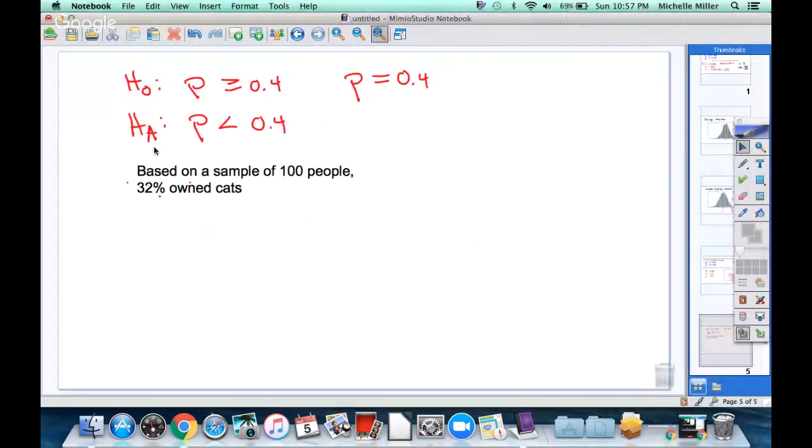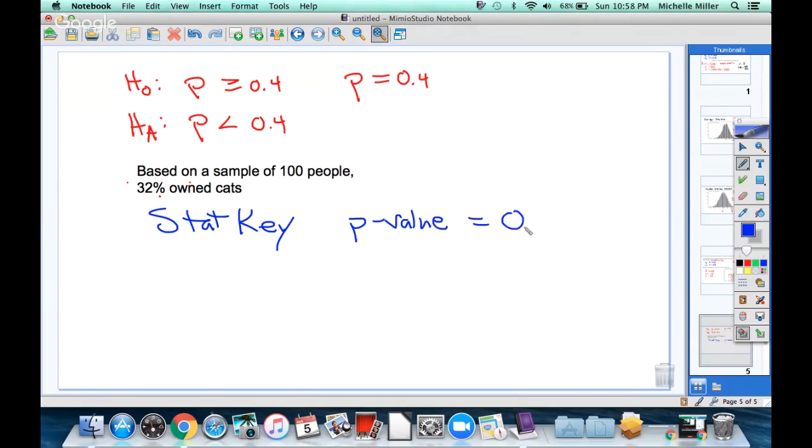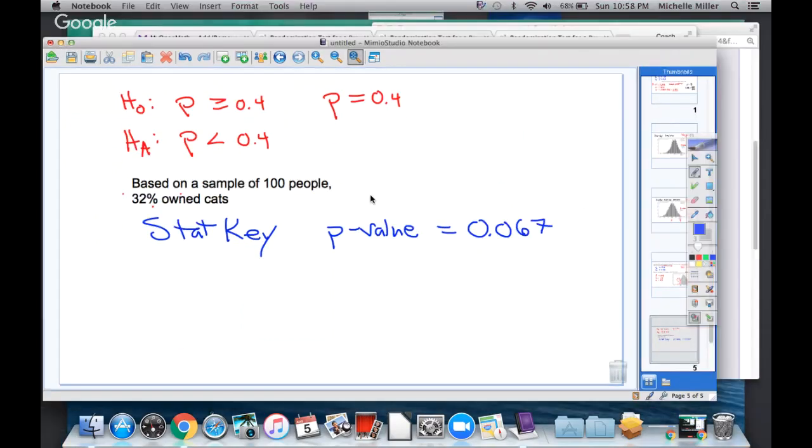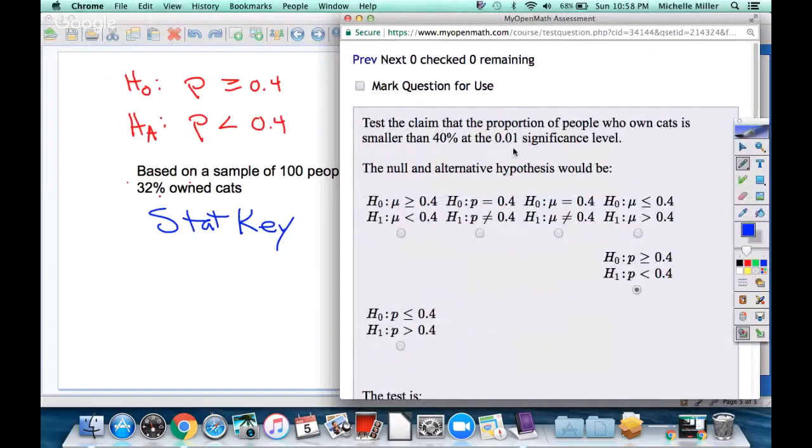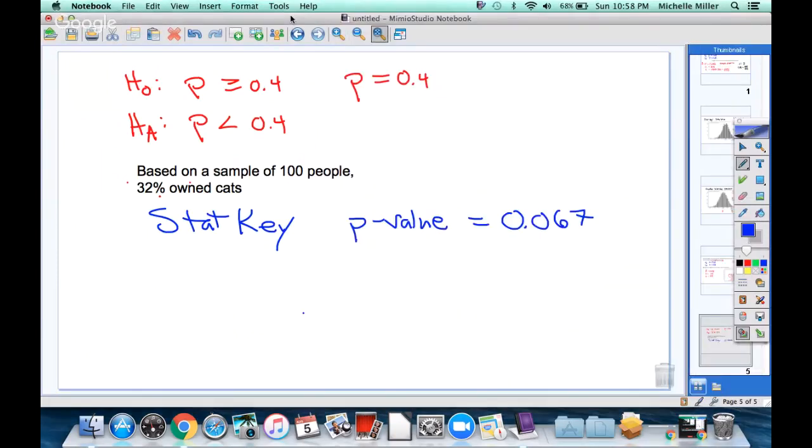All right, so I ran StatKey, and StatKey gave me a p-value of 6.7%. And in this particular problem, what was our threshold? Our threshold was a 1% significance level. So we are way over 1%.